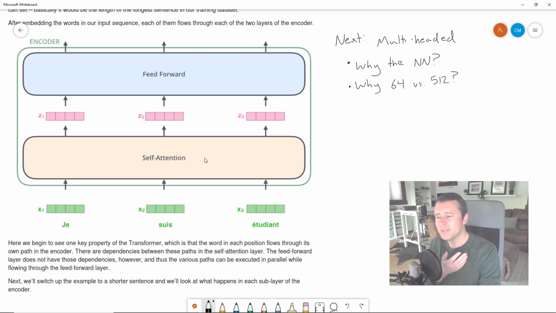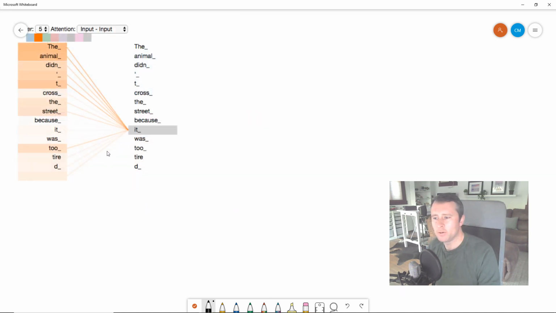But before we conclude this video, I think we can try to get a little bit more intuition about what's going on in this self-attention layer. Okay, so back to this illustration of the attention head and what it's looking at in the sentence. So again, this is our input word, and then these are all the words in the sentence and the score that each one's getting. The and animal are getting high scores.